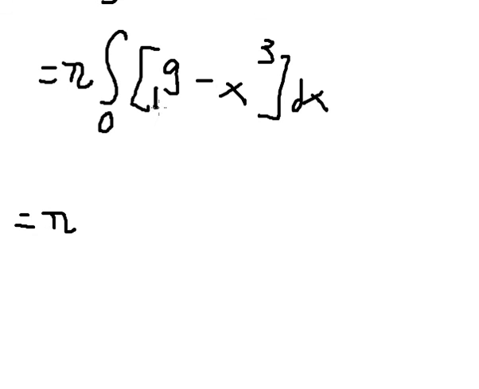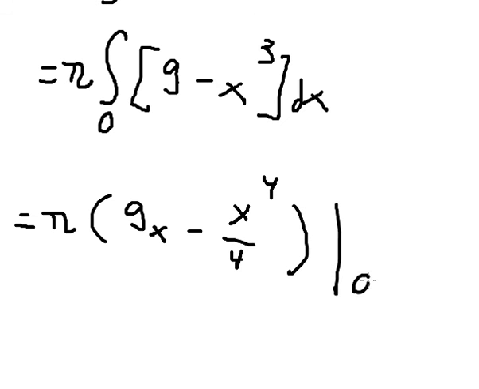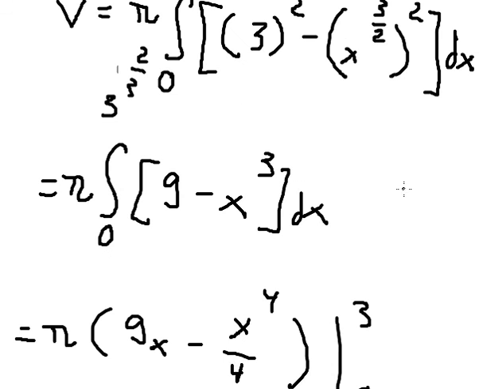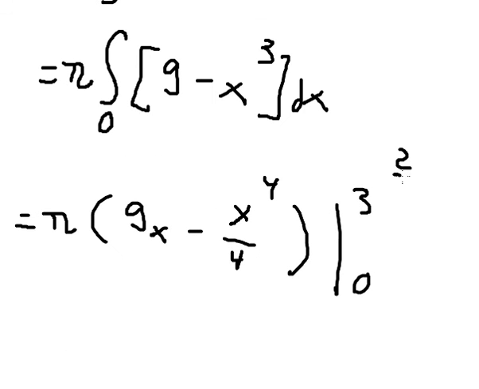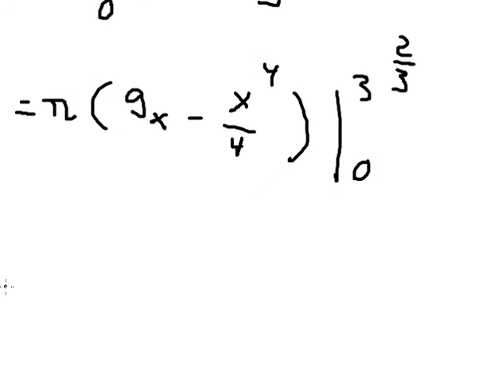The integration of number 9, you got 9x. The integration of this one, we have x to the power of 4 over 4. And we put the bounds from 0 to 3 to the power of 2 over 3. And now we have the final answer.